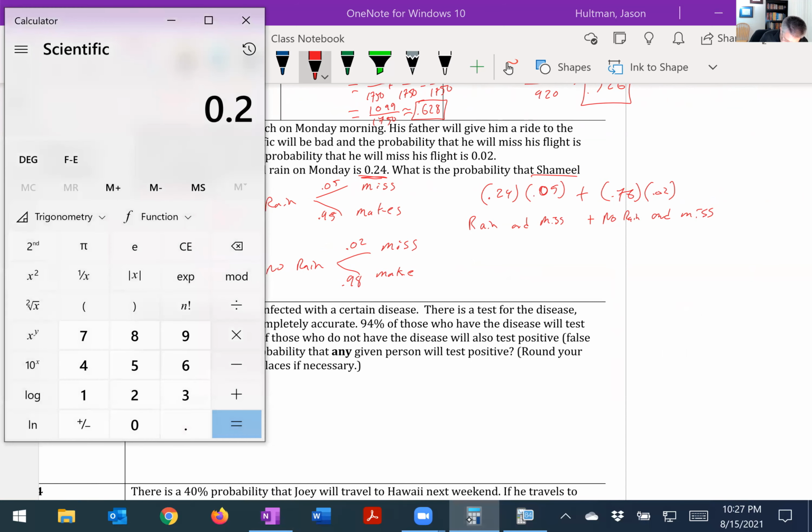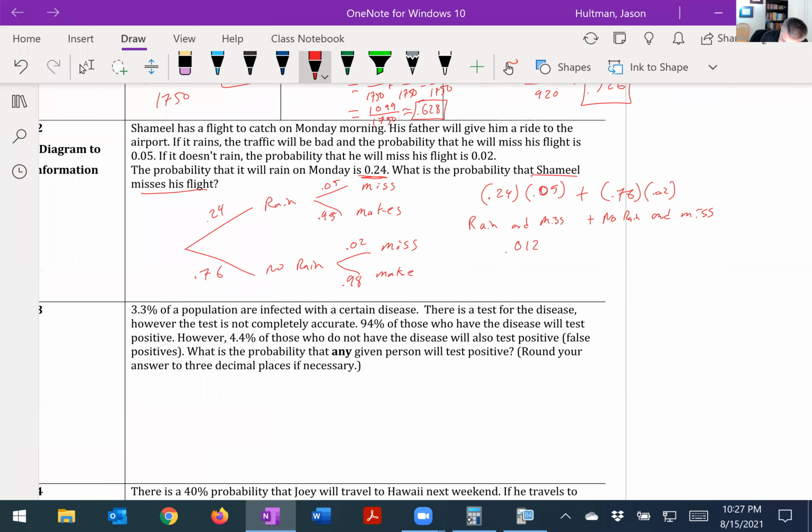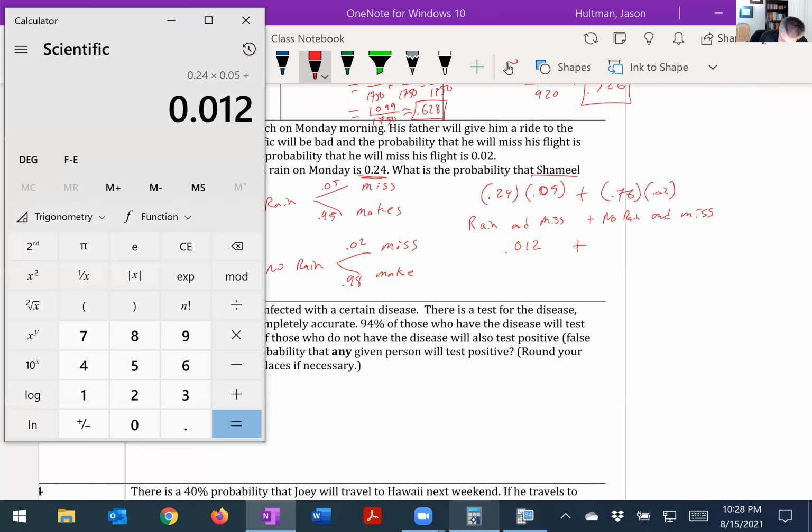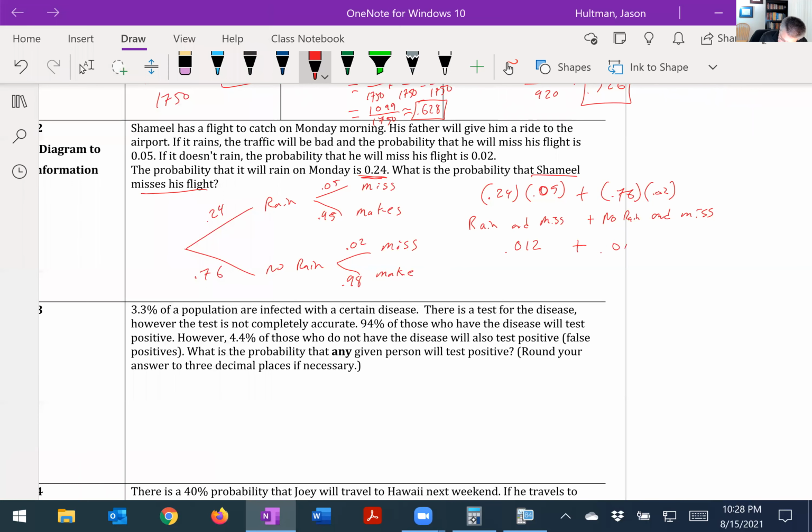So let's multiply these together. 0.24 times 0.05 is 0.012. 0.76 times 0.02 is 0.0152.